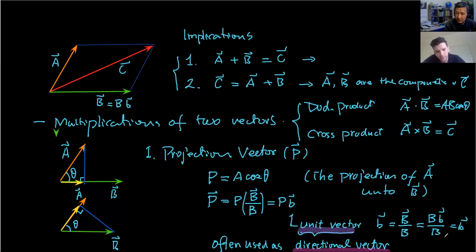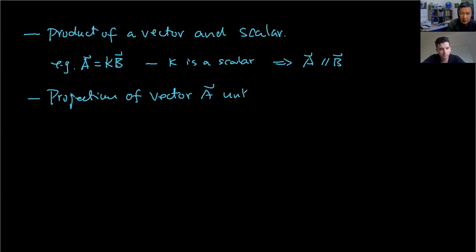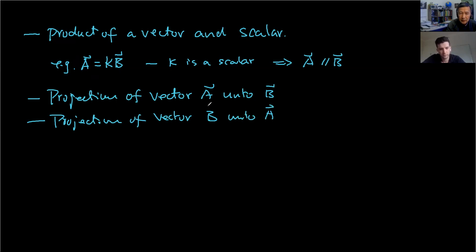Can we just go to the next page? Then we will talk about the projection of vector A onto vector B, and we can also discuss the projection of vector B onto A. So how do we define that?